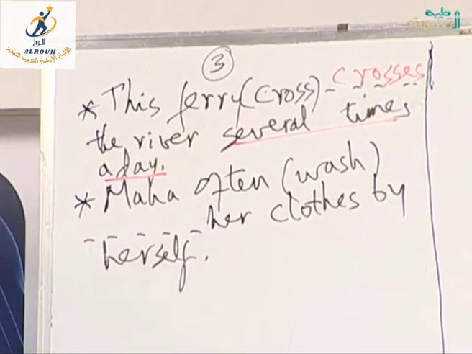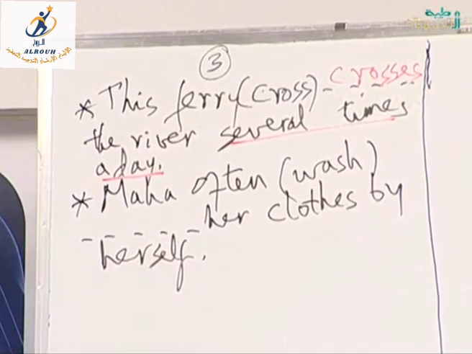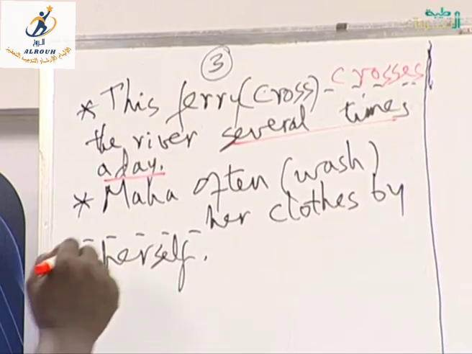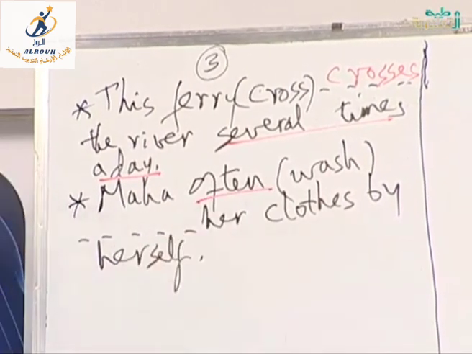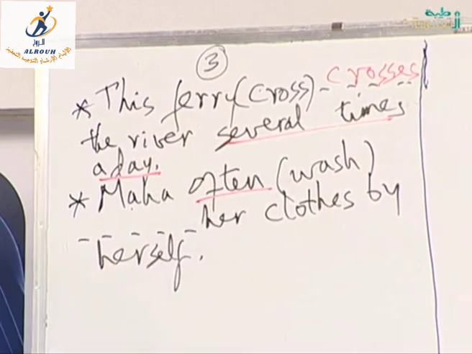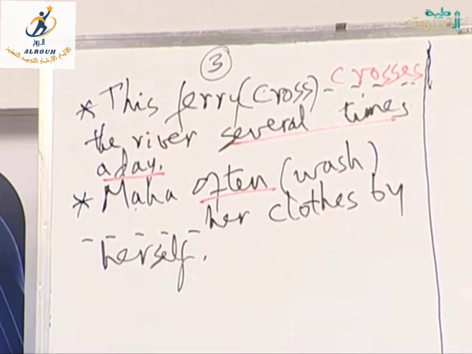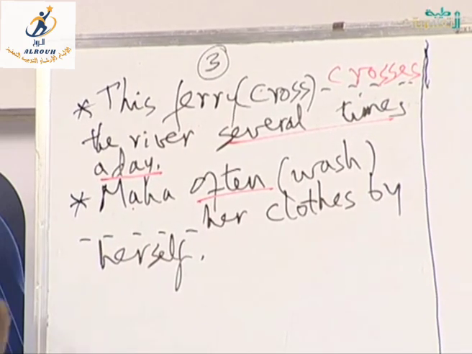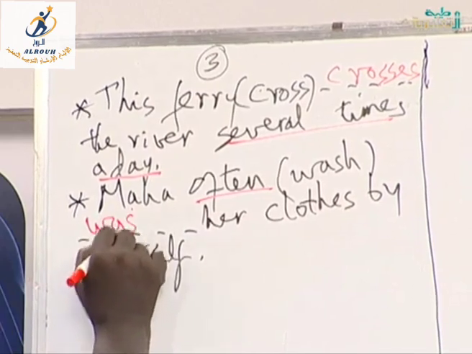This sentence is in the present simple. Why in the present simple? Because we have the adverb of frequency often. And the subject in this case, Maha, you are going to add s to the verb. The verb is ending in sh. So you must apply the rule, طبق القاعدة. You add es.